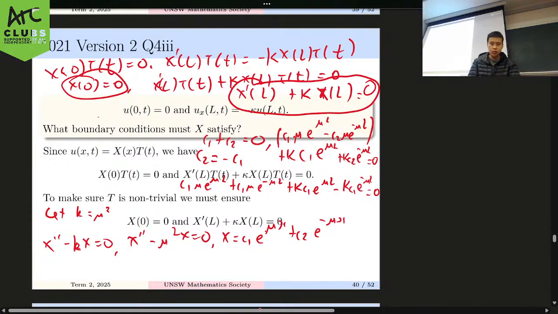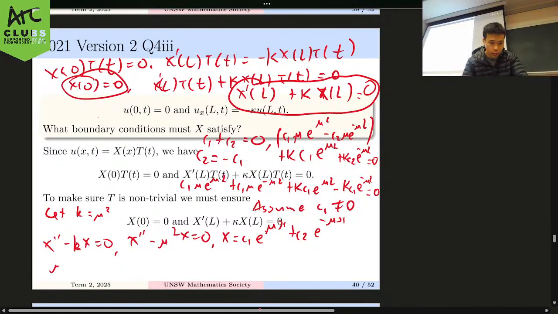Notice how there's a C1 in every single term. So the big kicker here is I'm going to say assume C1 is not zero, because I'm trying to prove it's not the trivial solution, hopefully. So if that's the case, I can just divide by C1.